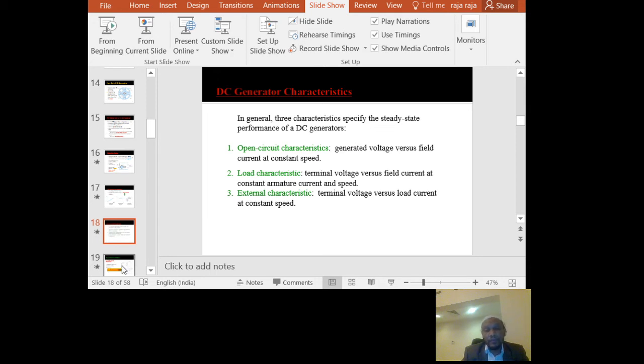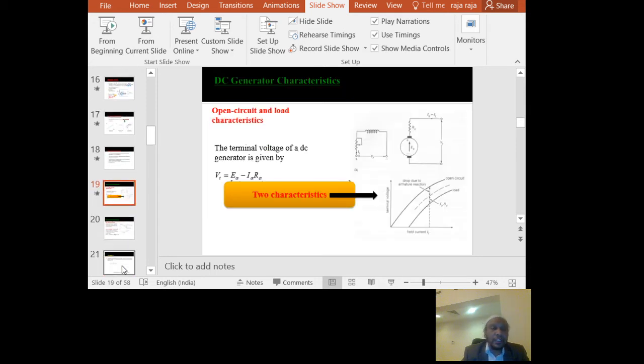Okay, the next one, we are going to see the open circuit and load characteristics. On the right side is the equivalent circuit of the DC generator. It is separately excited because a separate power supply is connected to the field excitation, and this is the armature side with another power supply.